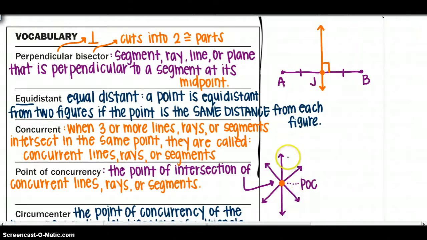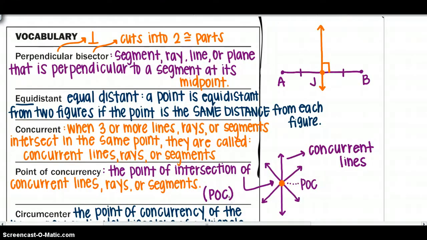The lines are called our concurrent lines, and I could have rays or segments. The orange point is called the point of concurrency, and a lot of times I will call it POC.